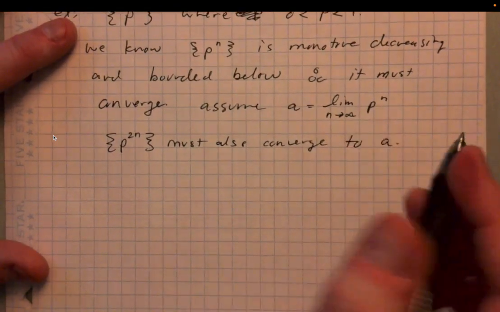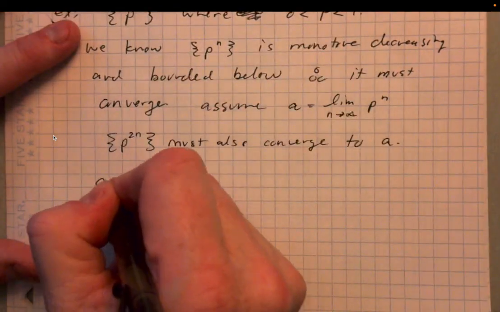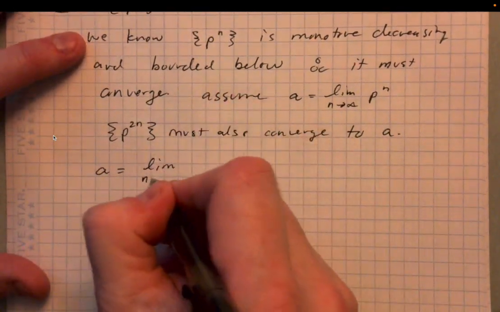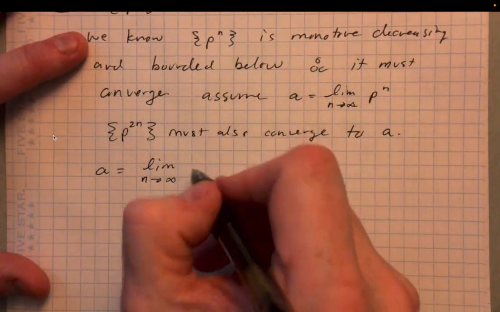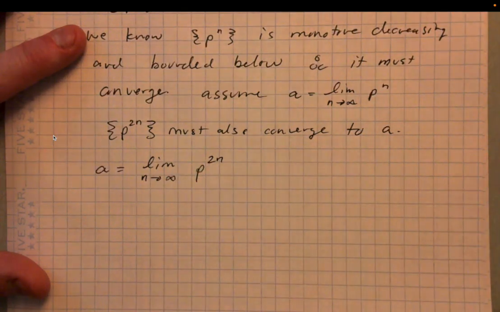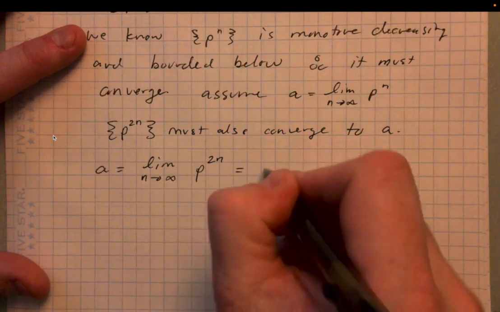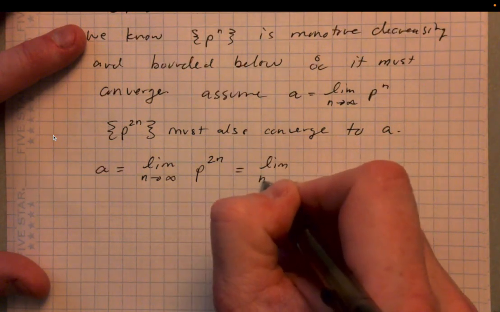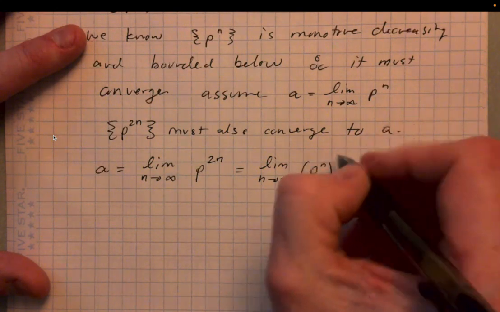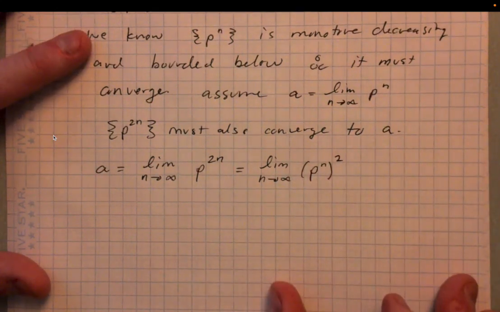And so what can we do? Well, we can say then that a is equal to the limit as n goes to infinity of p to the 2n. And we know that that's the same as the limit as n goes to infinity of p to the nth power, squared.